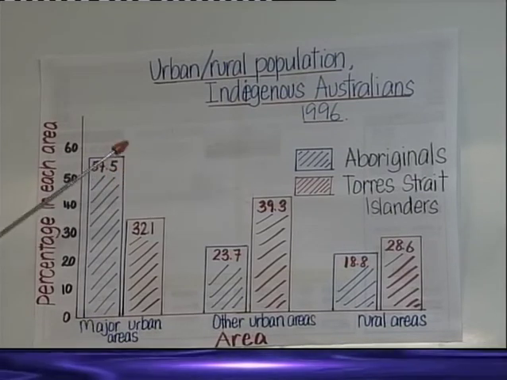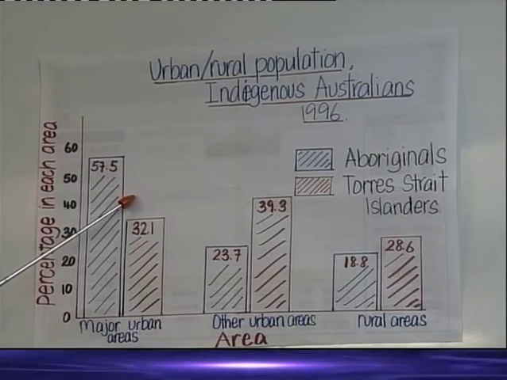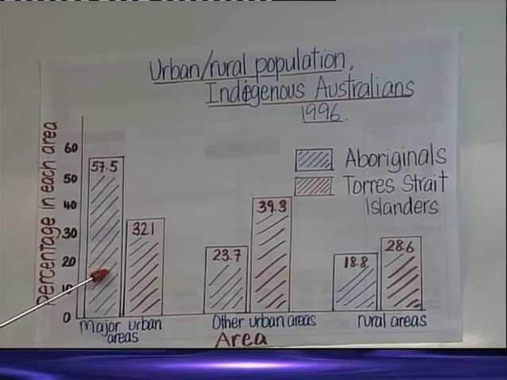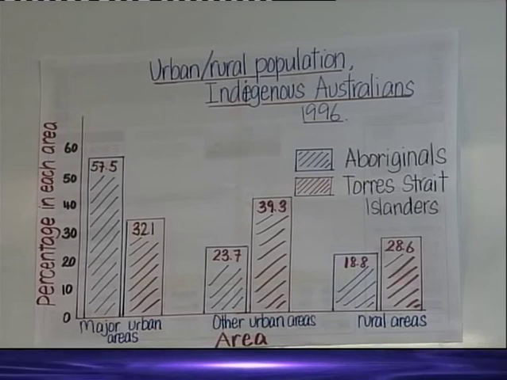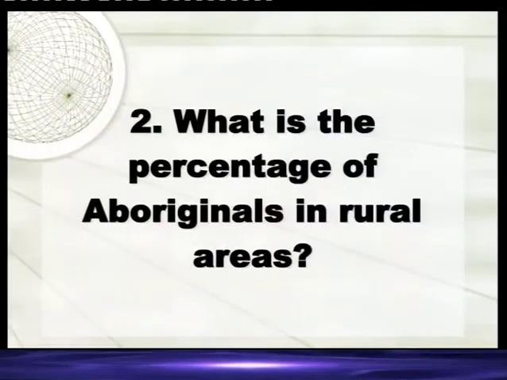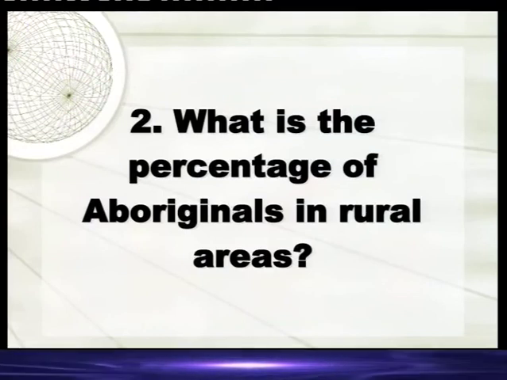57.5% of Aboriginals live in major urban areas. Okay, that's number one. Number two, please. Gimana, can you read out the question? What is the percentage of Aboriginals in rural areas?